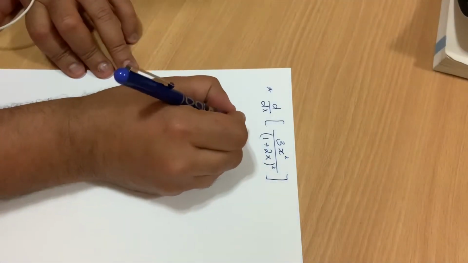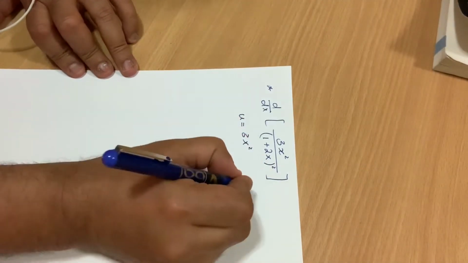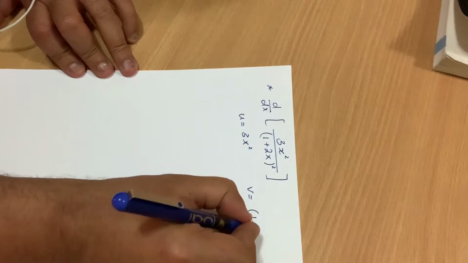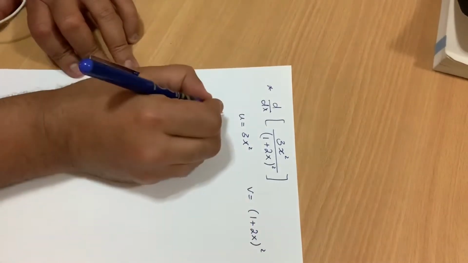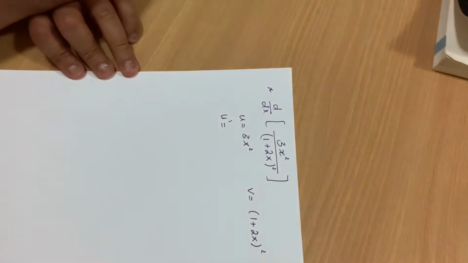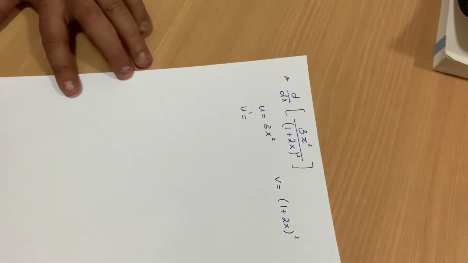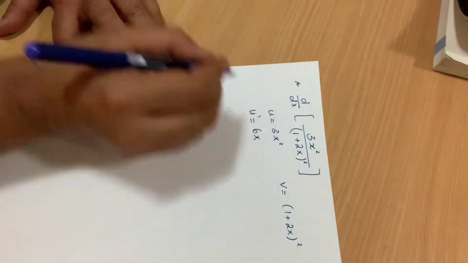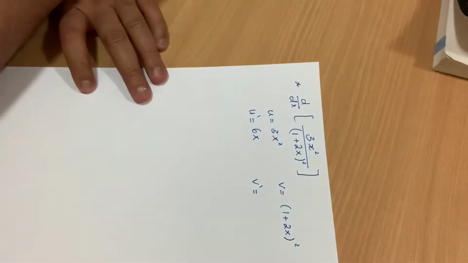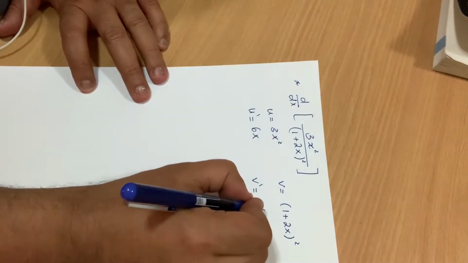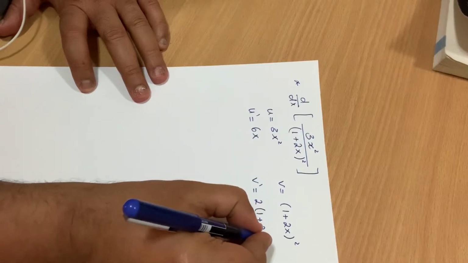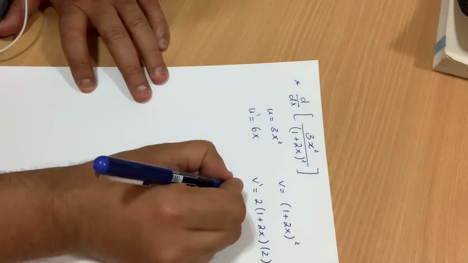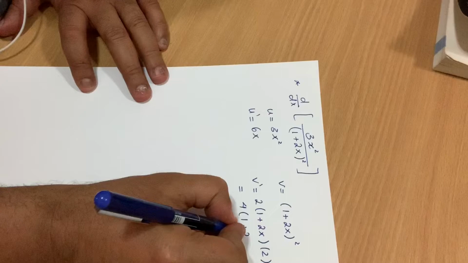So u is 3x squared and v is 1 plus 2x power of 2. Now, to differentiate, the derivative of 3x squared simply gives you 6x. This is what we did before, simple differentiation. For v dash, we use the chain rule: it's 2 times 1 plus 2x power of 1 multiplying 2, which is equal to 4 times 1 plus 2x.